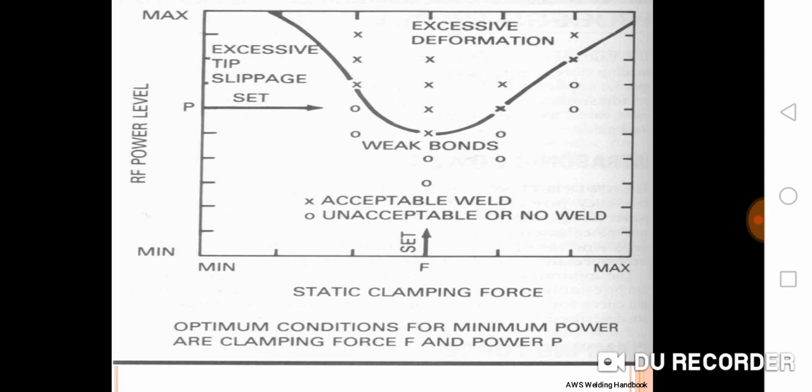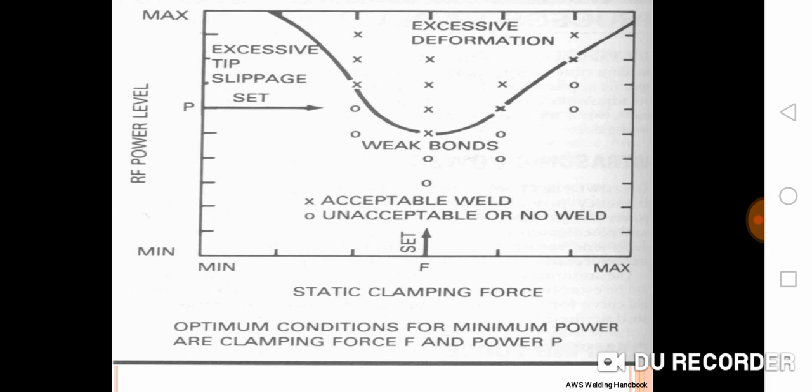At the middle level, at point F of the static clamping force and at medium power level, you can see weak bonds forming. But if the static clamping force is medium and the power level is higher, then excessive deformation will develop.